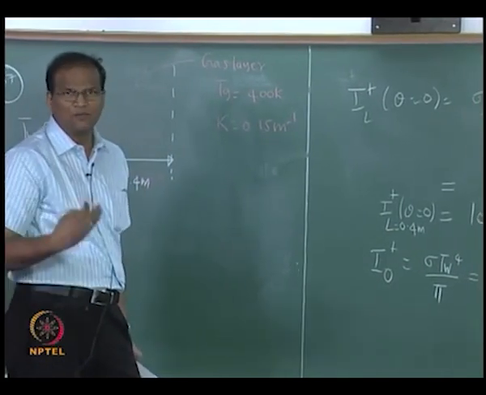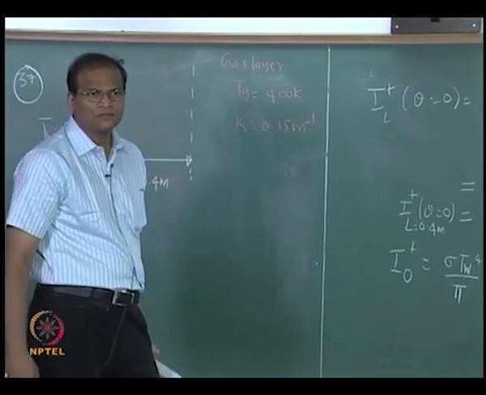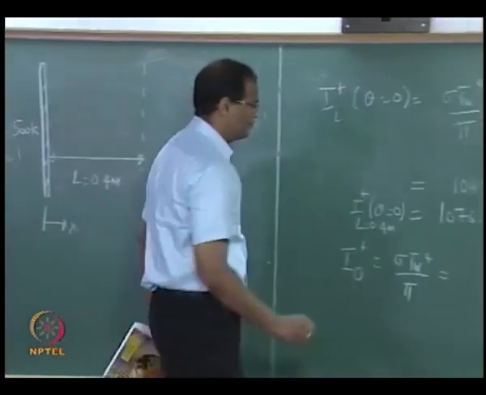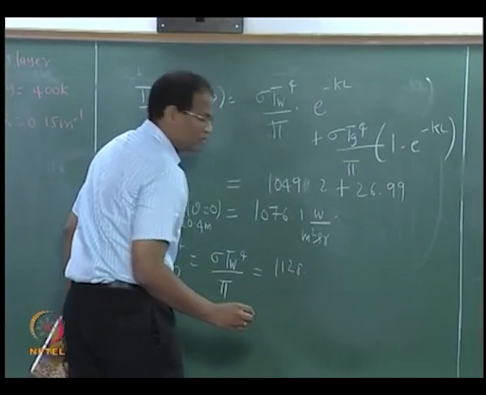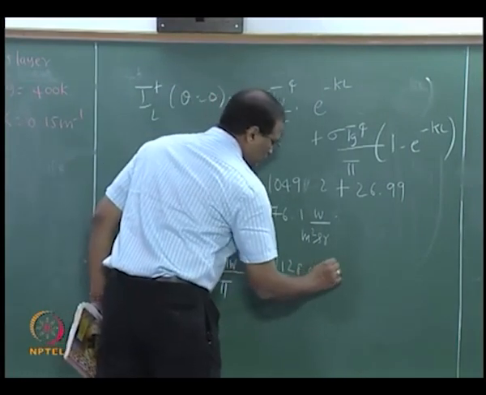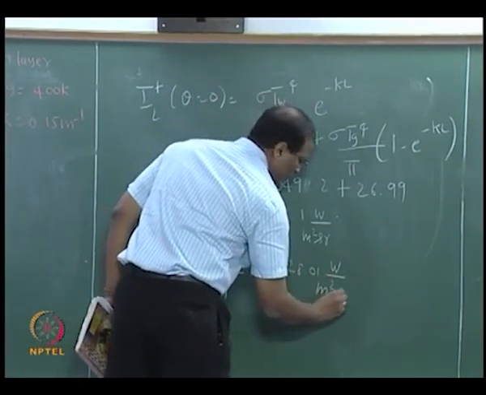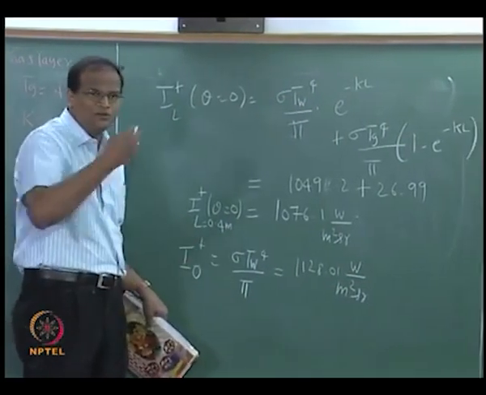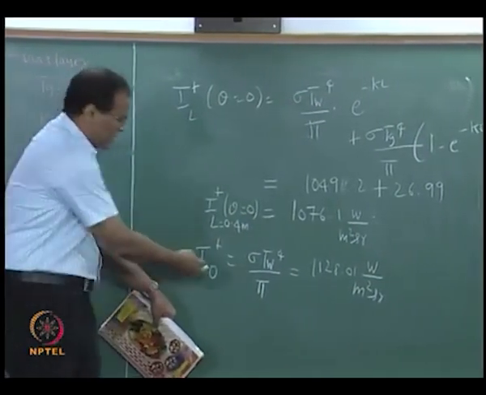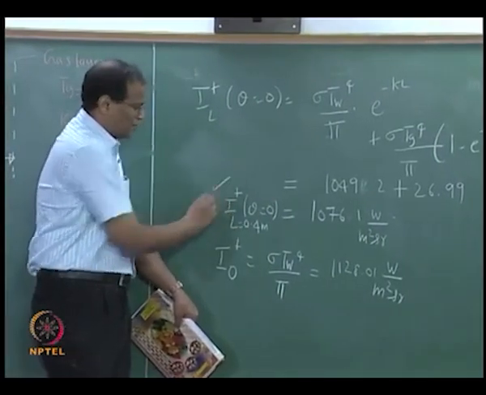What is the intensity coming out of the black wall? Okay, this is not asked in the question, but I am trying to use this to get some more insight into the problem, right? This is not asked. You have got this first part.